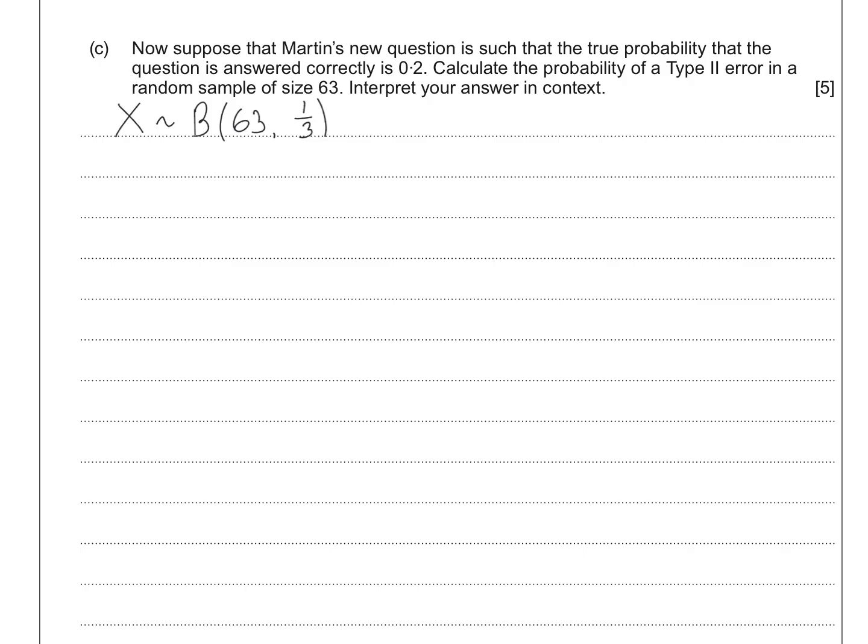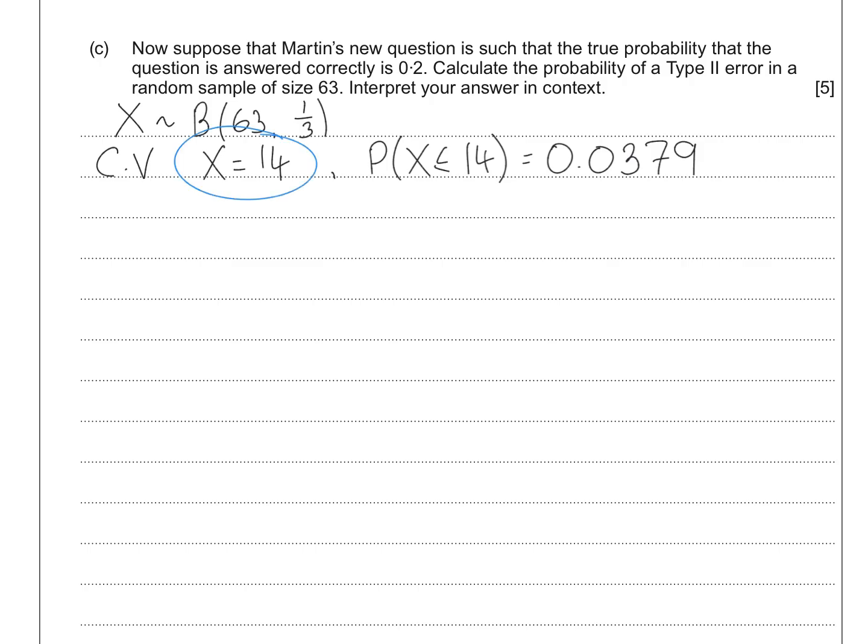Now you can do this however you want. I'm going to use my calculator, but I found that the critical value was when x was equal to 14, since the probability of x being less than or equal to 14, this is the first time it dips below that 5%. So that number there is the one that's important to me.